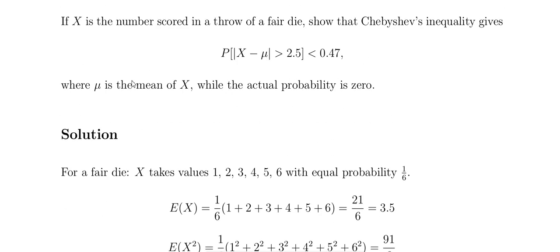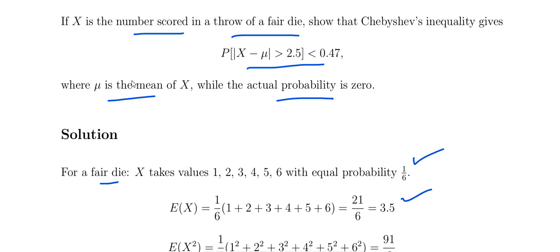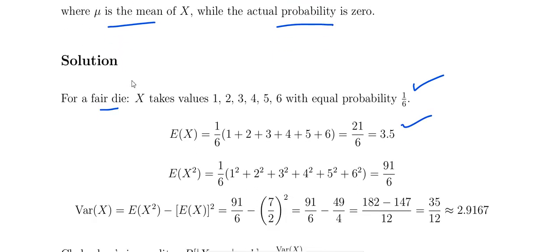X is the number scored in a throw of a die. ஒரு die throw பண்ணும்போது number score பண்றது, that is called the x, and Chebyshev inequality gives the bound. Mu என்றது mean, and actual probability is 0. இப்போ x என்றது ஒரு die throw பண்ணா 1 2 3 4 5 6 வரும். The equal probability பார்த்தீங்கன்னா 1 by 6. So E of x கண்டுபிடிக்கலாம், and variance of x find out பண்ணலாம். Variance of x என்றது E of x square find out பண்ணிட்டு.